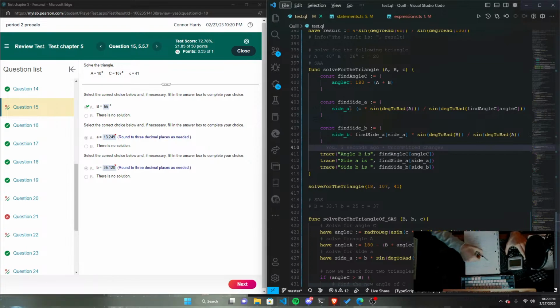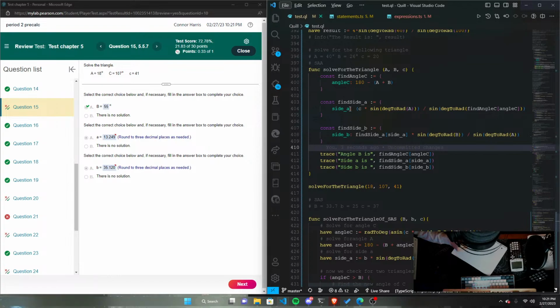Just so you know, we can also do it where we don't have to find B first. We can go in order of the questions. So sine of A divided by A is equal to sine of C divided by C. I'm going to send you a formula, which is the same formula, but just showing that the reciprocal identities work. All right. So law of sines, if you know the angles, right?